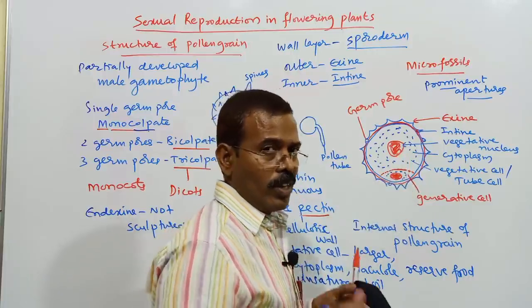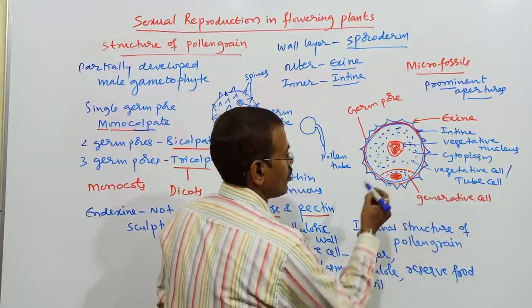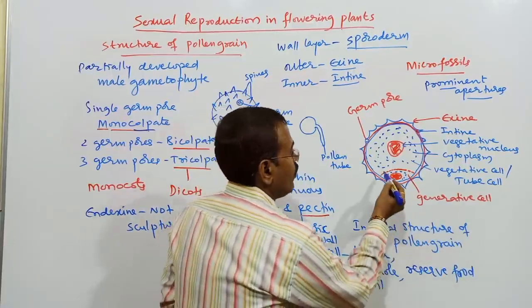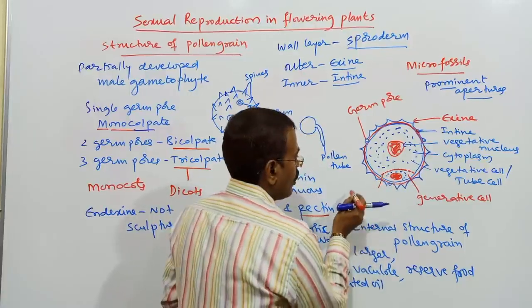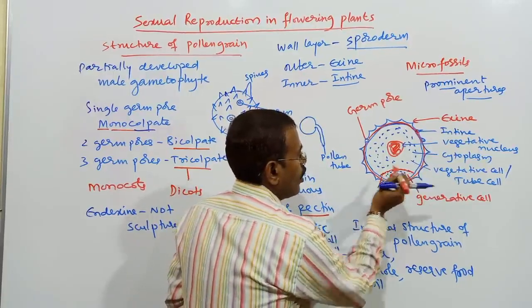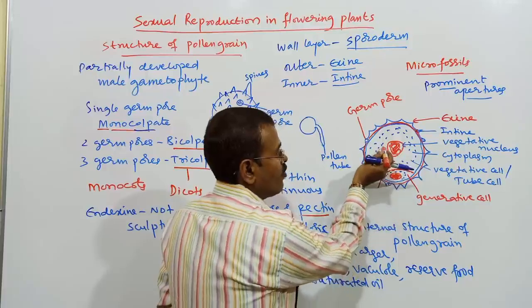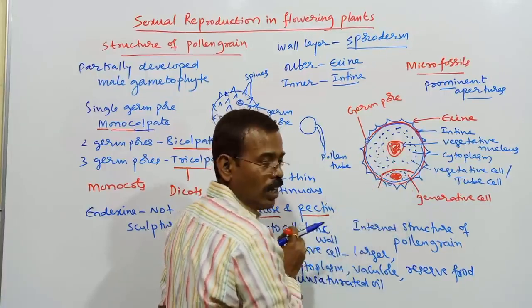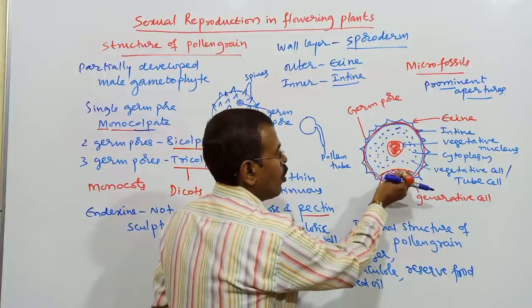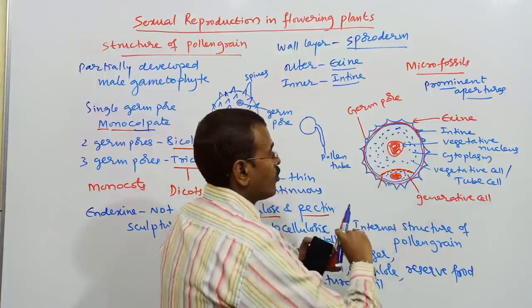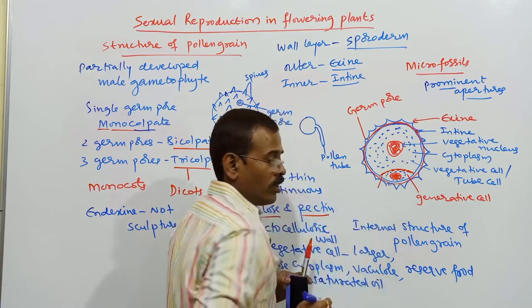Now, you see another cell here. This is the callose wall layer, which separates the vegetative cell from the generative cell. This is the generative cell.